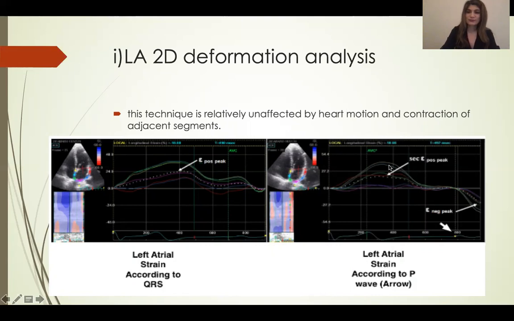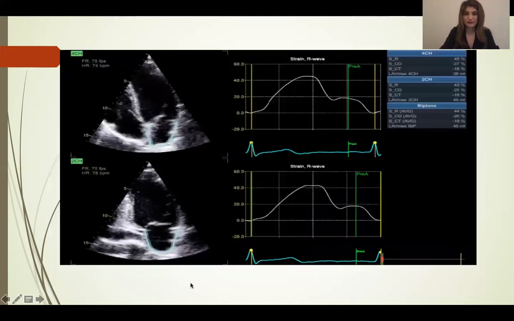However, according to the P wave, the first wave is the conduit function, the last wave is the pump function, and the reservoir function is the total of those measurements. According to ESC guidelines, we usually measure according to the QRS complex.